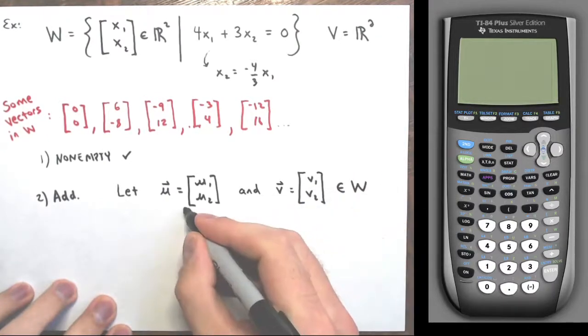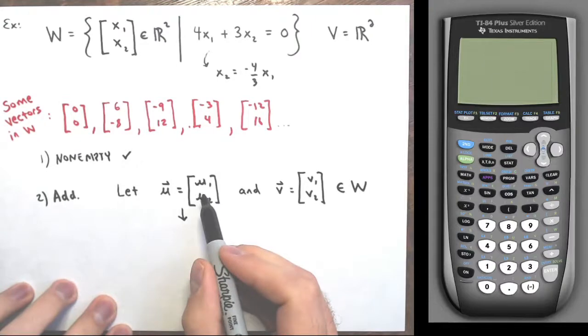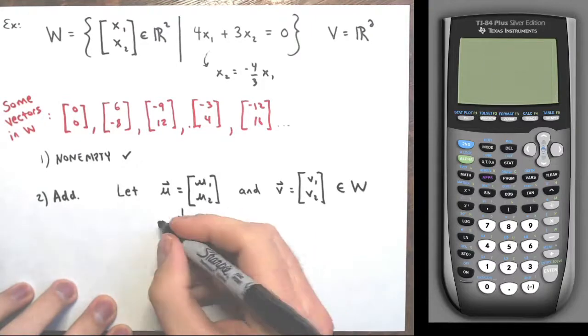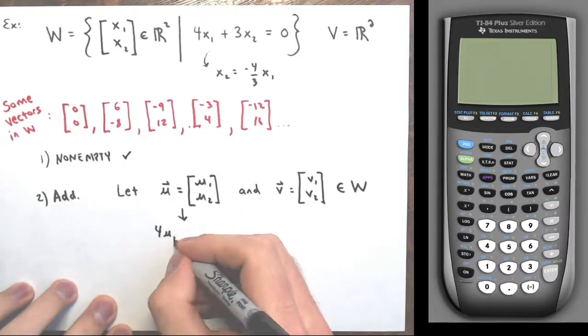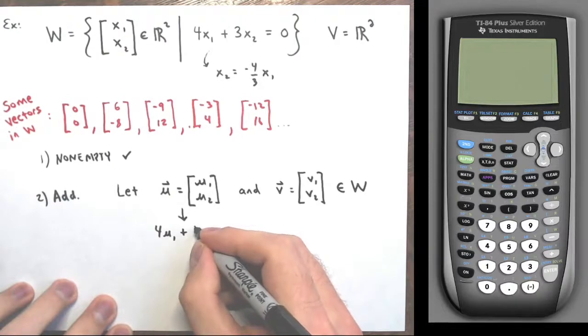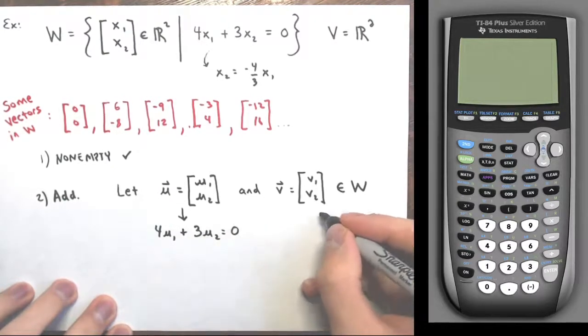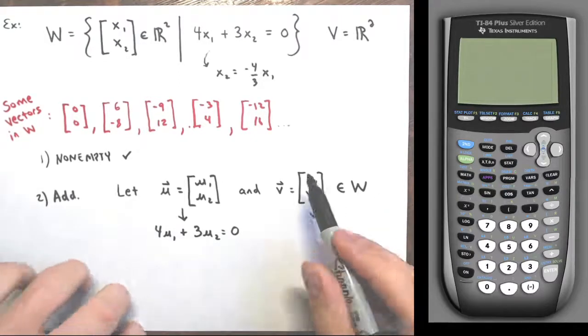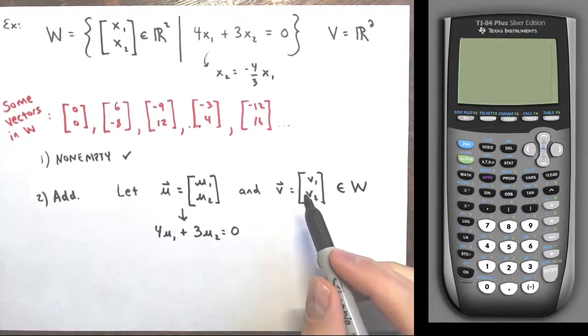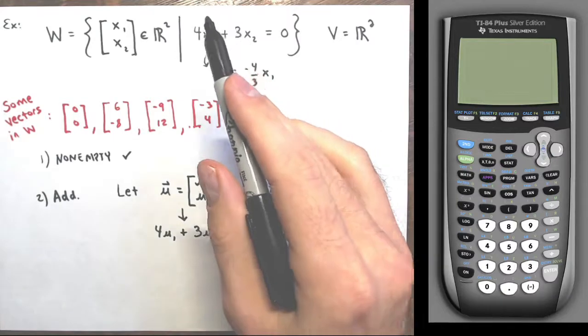Now, what does that mean? That means that u belongs to W, meaning that 4 times u1 plus 3 times u2 should be equal to 0. And since v, this other general vector v, belongs to W, it should satisfy this condition as well.